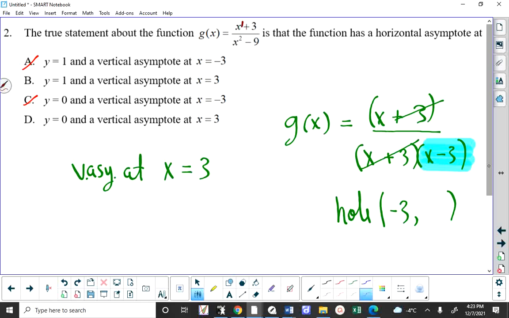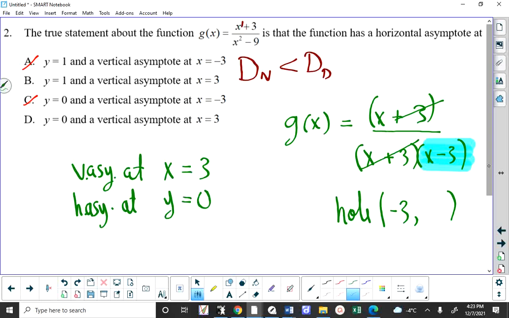And you've learned that if the degree in the numerator is smaller than the degree in the denominator, then you are going to have a horizontal asymptote at the x-axis, which is y equals 0. So the correct answer to number 2 is D.